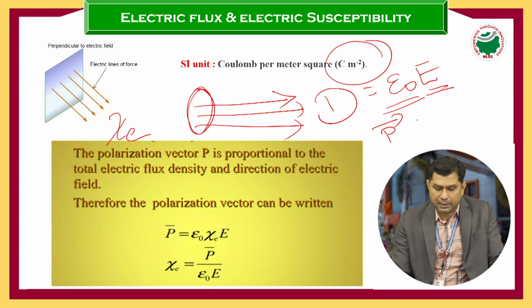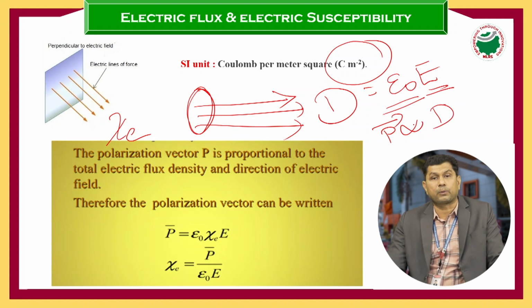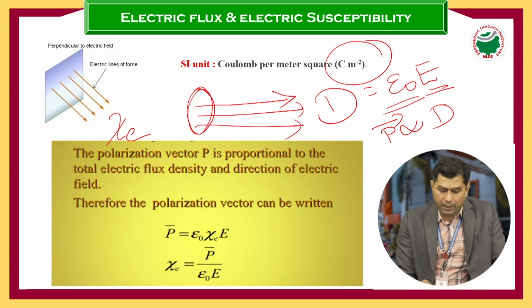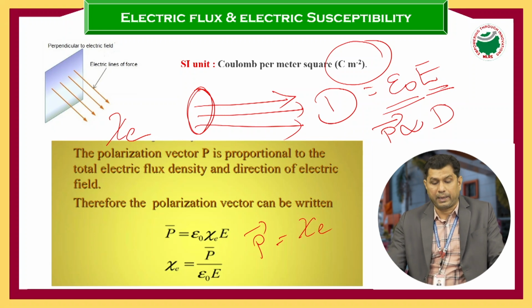The polarization vector is proportional to D. More electric flux, obviously more polarization. P equals to, simply here, whenever you remove the equal to symbol, a proportional symbol, keep a constant.